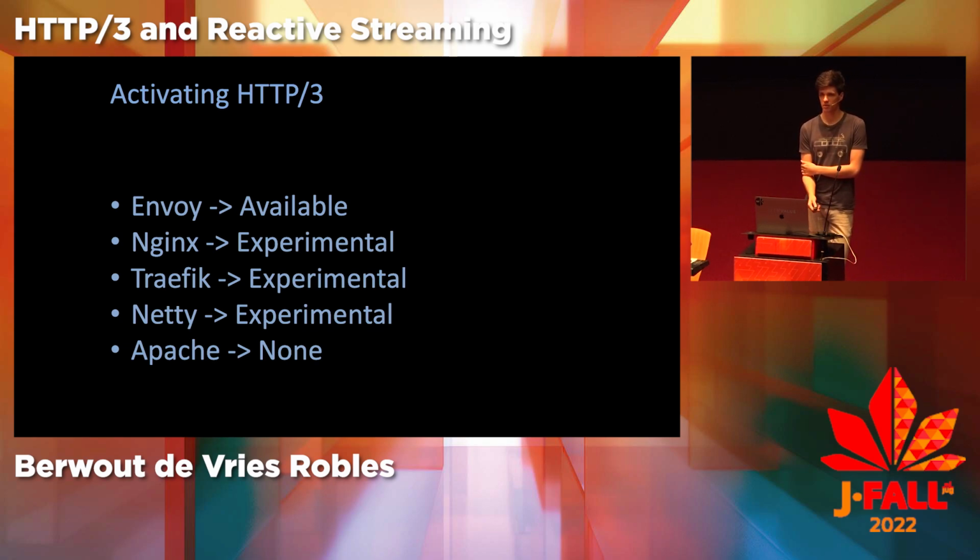The upstream, they're not really done with the congestion control part yet, so they don't recommend you using it for upstream connections. Nginx, it's experimental, and you have to compile yourself. It's a build it yourself and go ahead. Traefik, it's experimental, but it is built in. So you can actually set a flag that says use experimental true, like we do with the preview version in Java or something. And then you can just use the HTTP3 version.